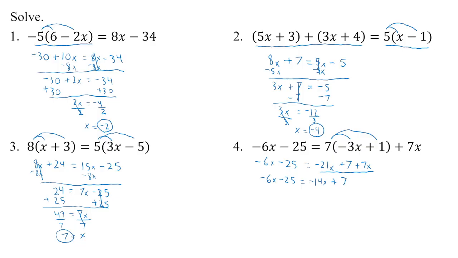So now the equation looks like the equations we talked about in part 3. We can now solve the equation. So we can either eliminate negative 6x or negative 14x. Let's say you want to eliminate negative 14x. So we're going to add 14x to this side and this side.